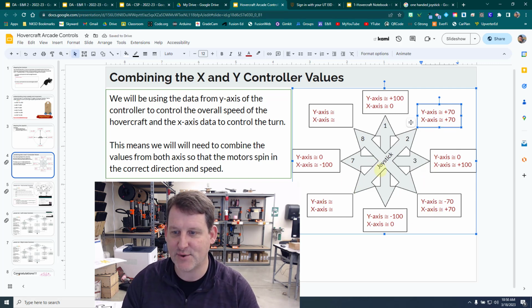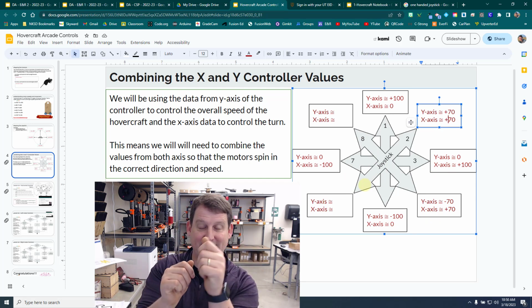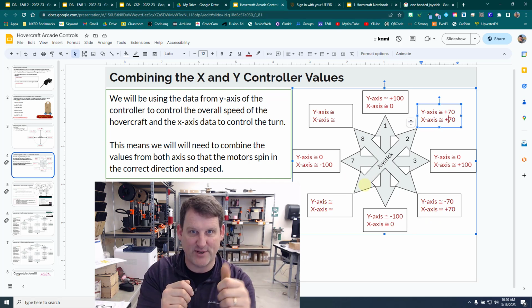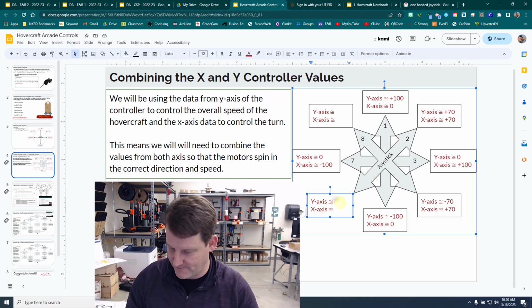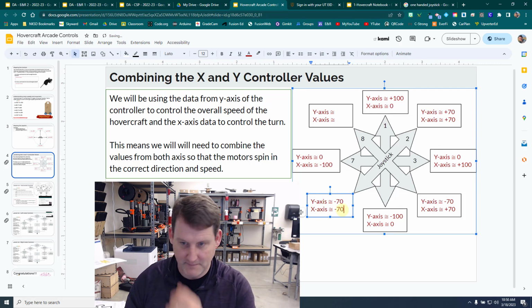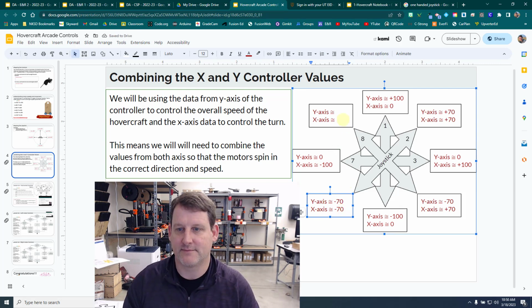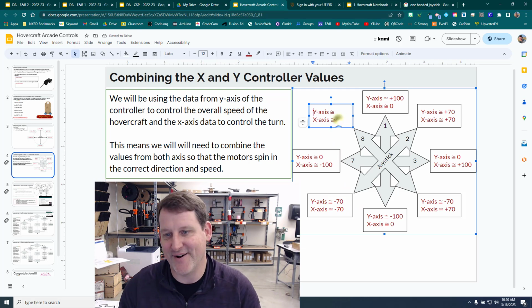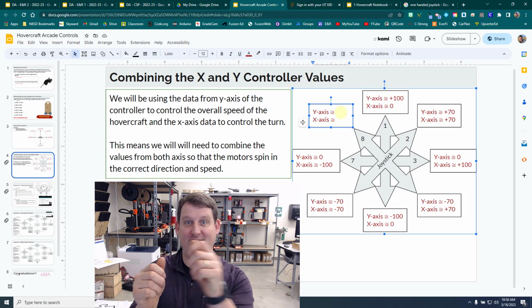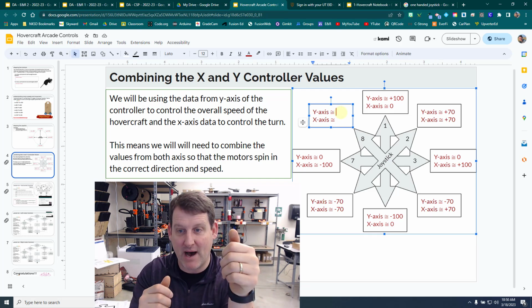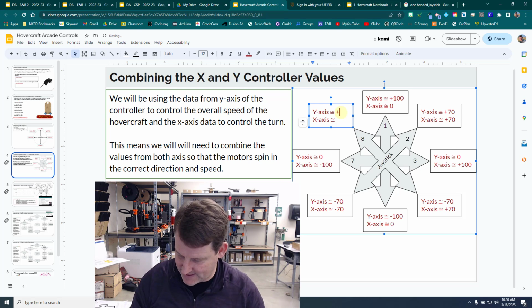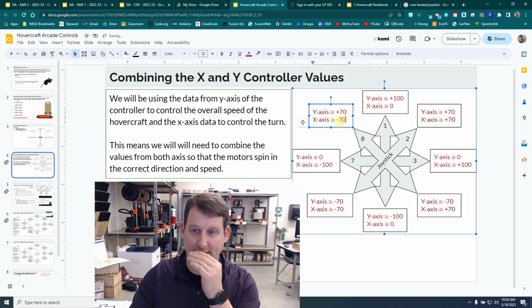All right, in this quadrant here, I'm to the left, which is negative on X, and down, which is also negative on Y, and it's that in-between number of 70 again, ish. Okay, now this one, I'm to the left and up. So left is negative X and up is positive Y. So here I'm at a positive 70 and here I'm at a negative 70.